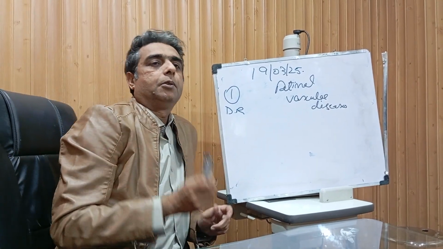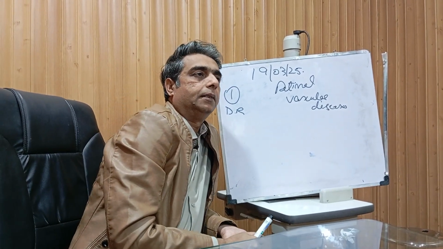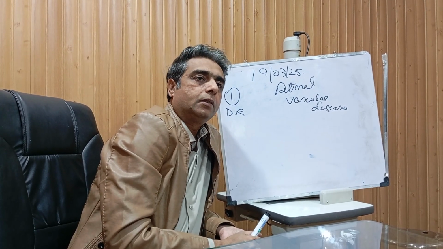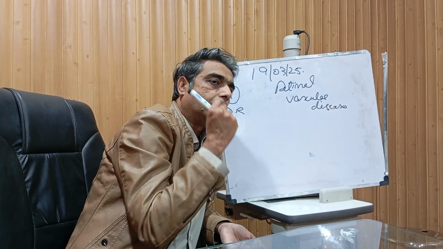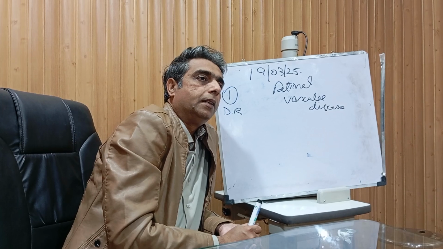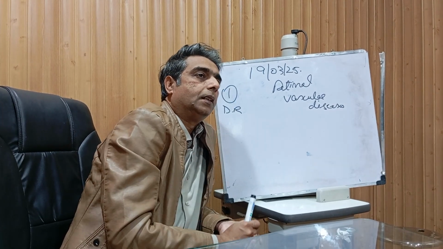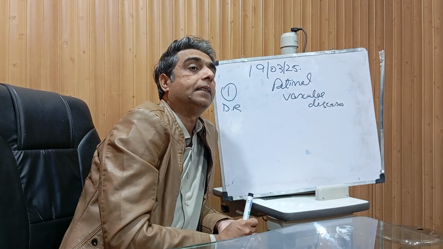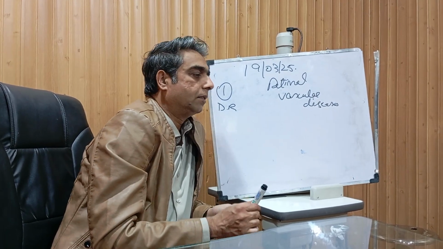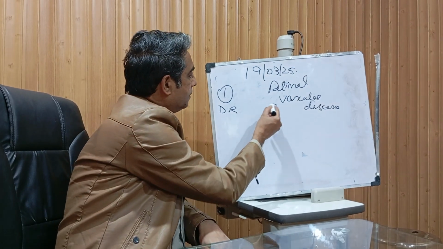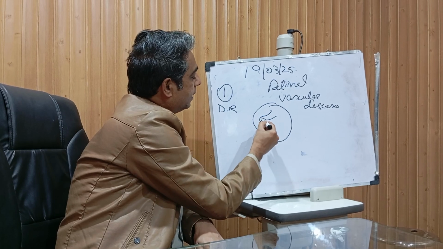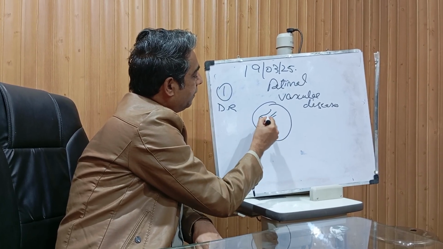Now as you know, diabetes mellitus is a systemic disease which involves medium and small sized blood vessels. The basic pathology of diabetic retinopathy all over the body is that it damages the supporting cells, that is pericytes. For example, if we take the retina, this is the picture of the fundus, this is the optic nerve, and these are the arteries and veins.